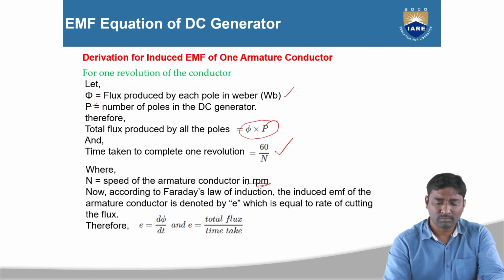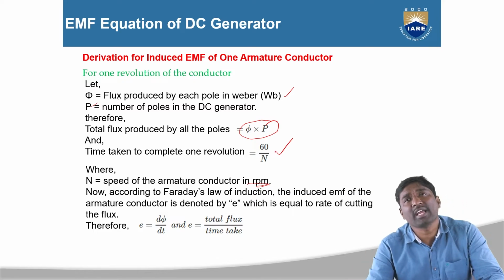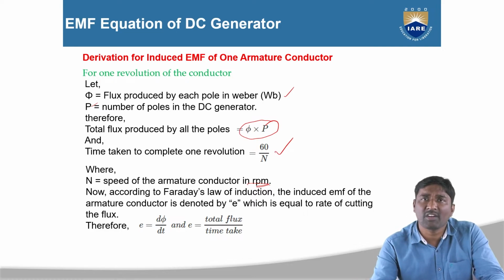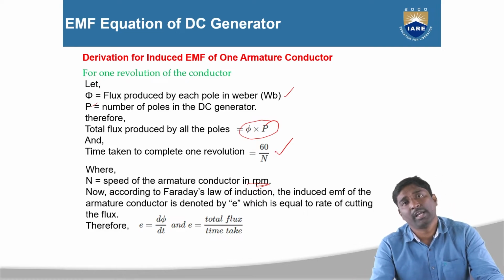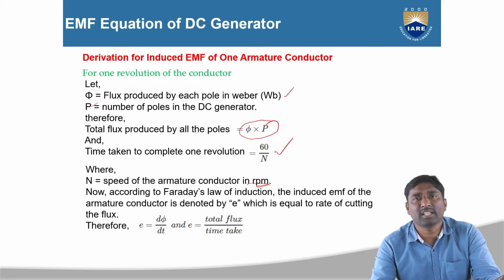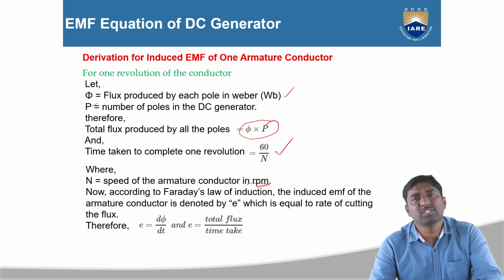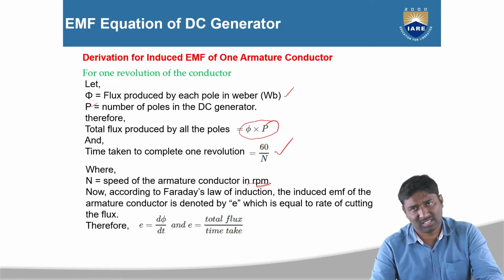Now, according to Faraday's law of electromagnetic induction. What is Faraday's law? When a conductor is placed in a magnetic field, you get an induced EMF in the coil, and that induced EMF is directly proportional to the rate of change of flux linkages.